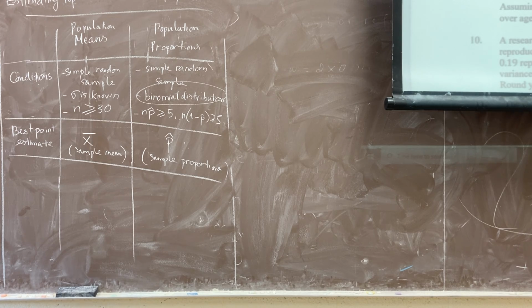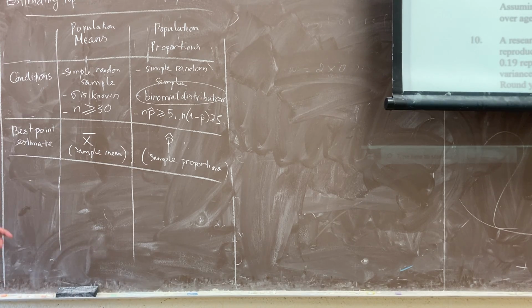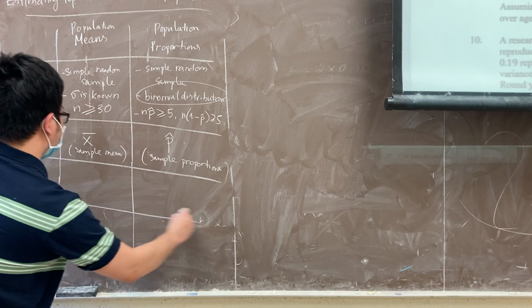In some cases, we will get an incorrect result. So in this chapter they prefer the interval estimate over the best point estimate. That means we need to find the interval for estimating the population mean and population proportion. To find this, we need to calculate the margin of error.